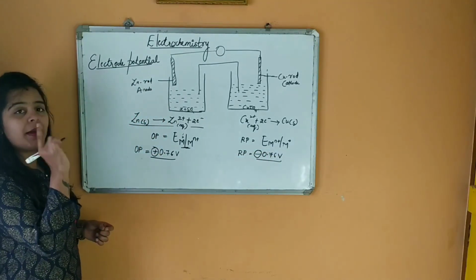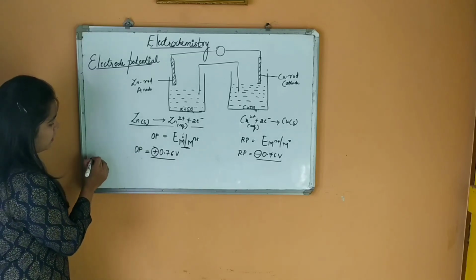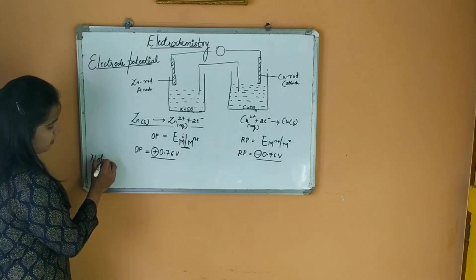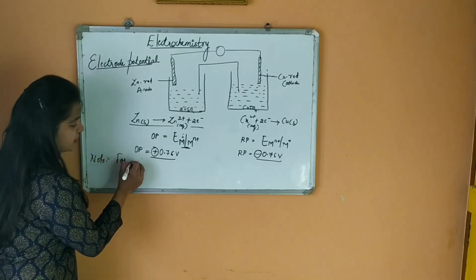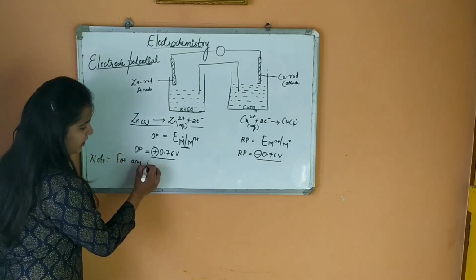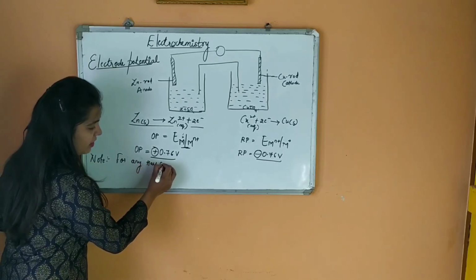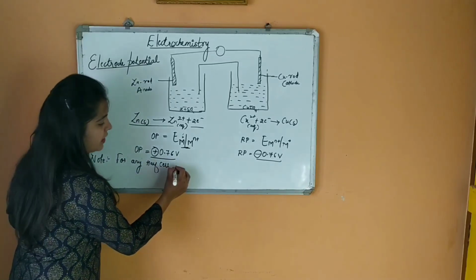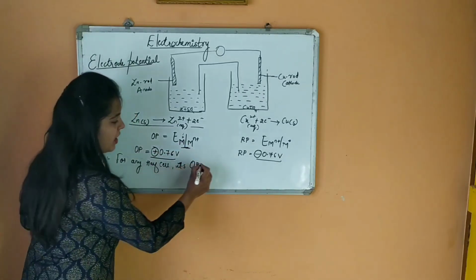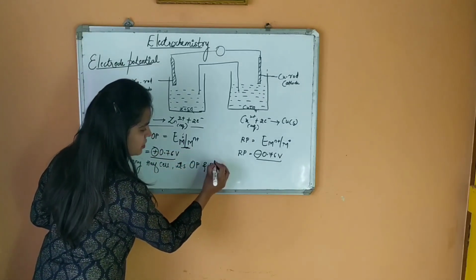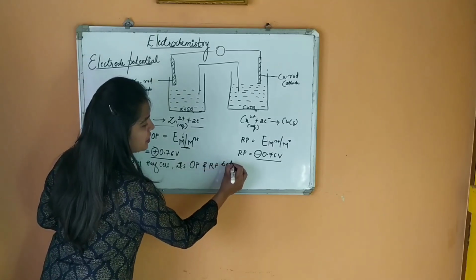So now you have to remember one thing. Note, for any half cell, its oxidation potential and reduction potential both can be measured.